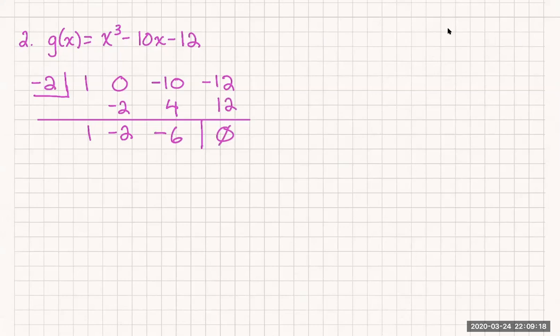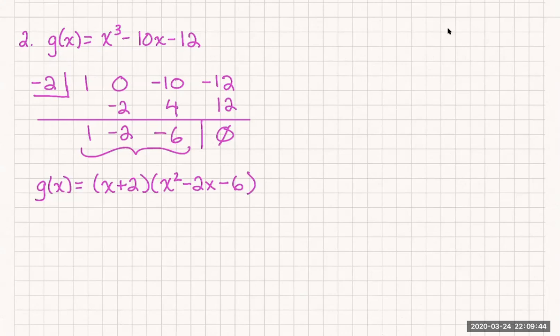And I do in fact get 0, which I expected because I know it was a zero or a root of this polynomial. Okay, so what does that mean? That means I can rewrite g of x as x minus -2, or x plus 2, times x squared minus 2x minus 6.